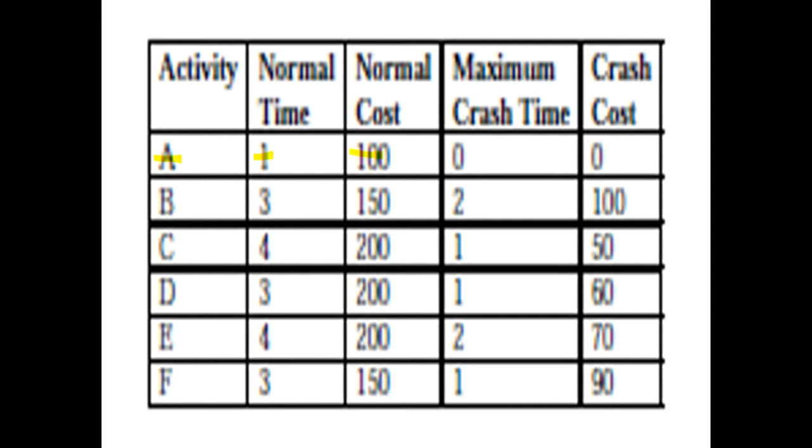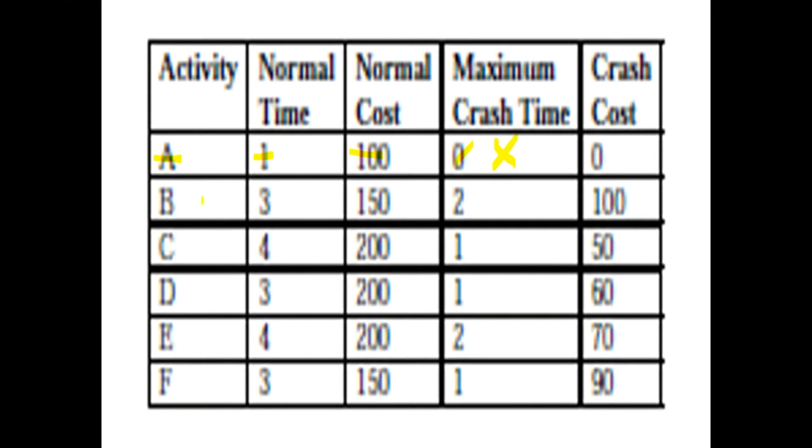You explore with the subcontractor whether it is possible to crash this activity, and the answer is no, this activity cannot be crashed. It could be, for instance, pouring the concrete, and concrete needs some time to set, so contractor A has outrightly refused. They cannot offer any crash, so activity A is out of the question. This is an activity which cannot be crashed.